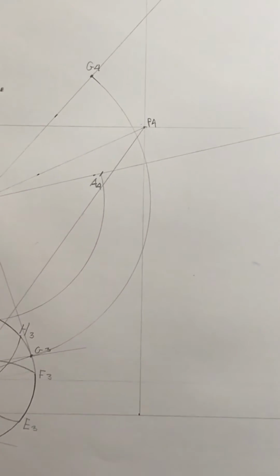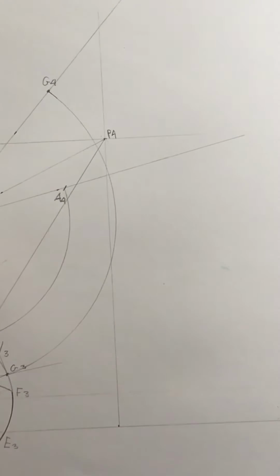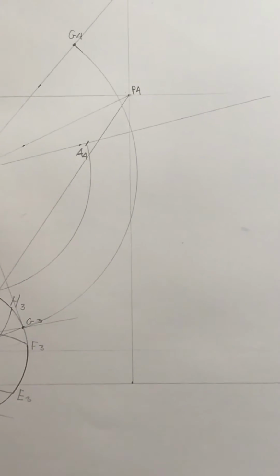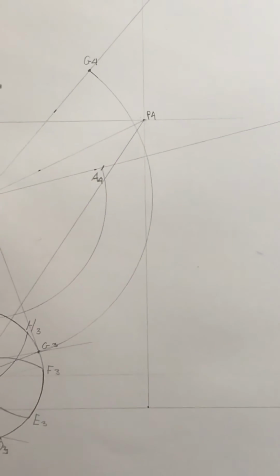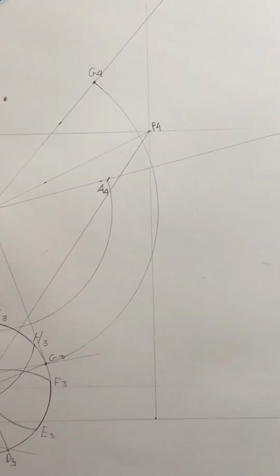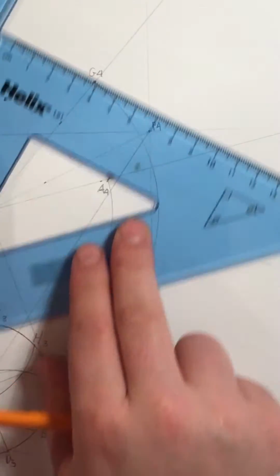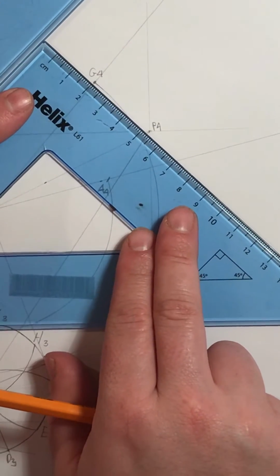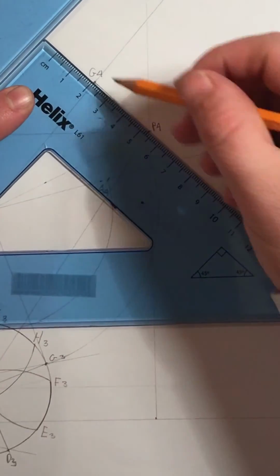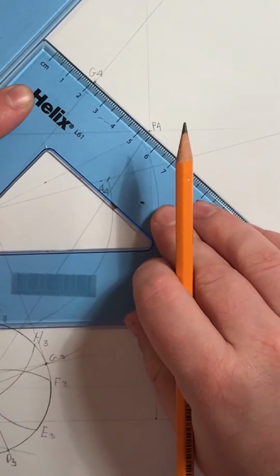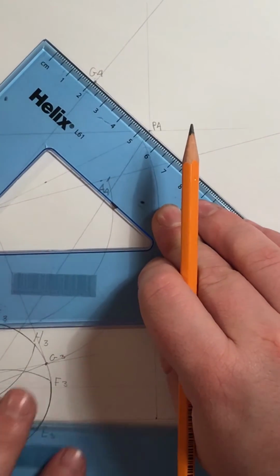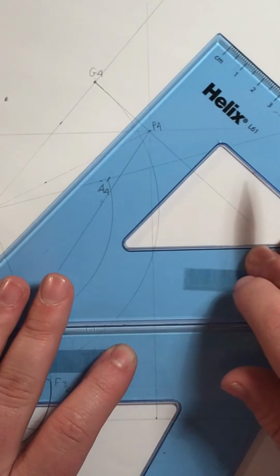Right, just 1 second here, I'll move the camera. Right, so I'm going to join G4 to P4. I'm going to draw a line perpendicular to that from A4.